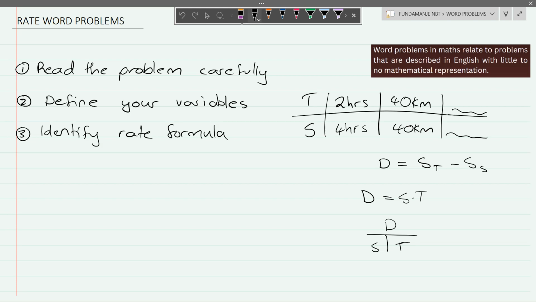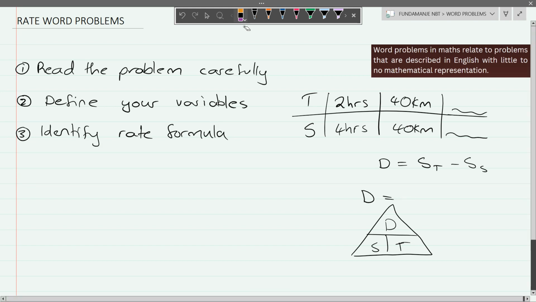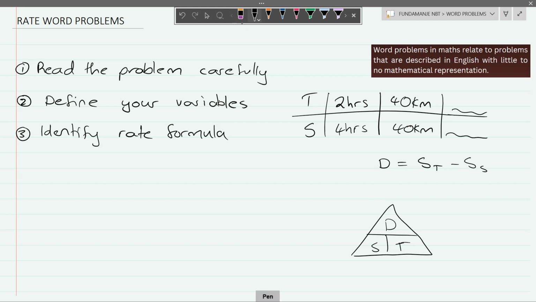The time is equal to distance over speed, and speed is equal to distance over time. So in this case, you are going to be looking for the speed. Speed is equal to the distance that you travel over the time that it took you to travel that distance. And then you're going to apply this formula for both Sarah and Thabo. So that's the rate formula you're going to use.